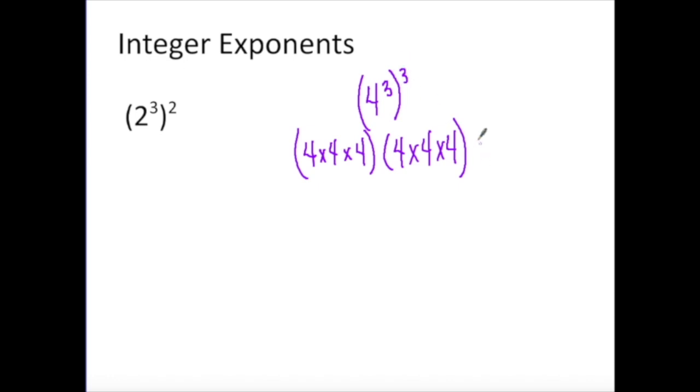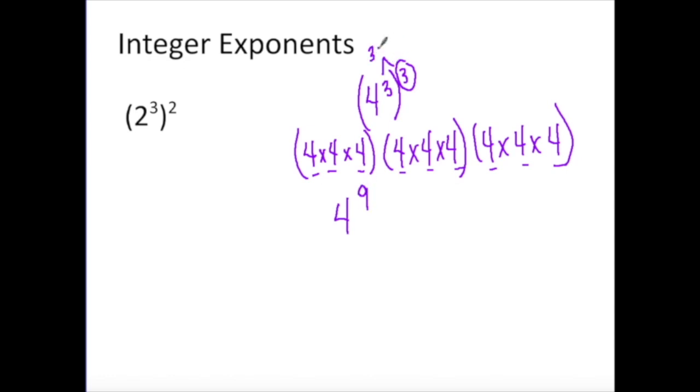I need 3. So now I have 3 groups of this 4 to the 3rd power. So let's count: 1, 2, 3, 4, 5, 6, 7, 8, 9. I have 9 4s, so it's 4 to the 9th power. We'll notice that 3 times 3 is 9. So when I'm raising a power to a power, I can multiply.